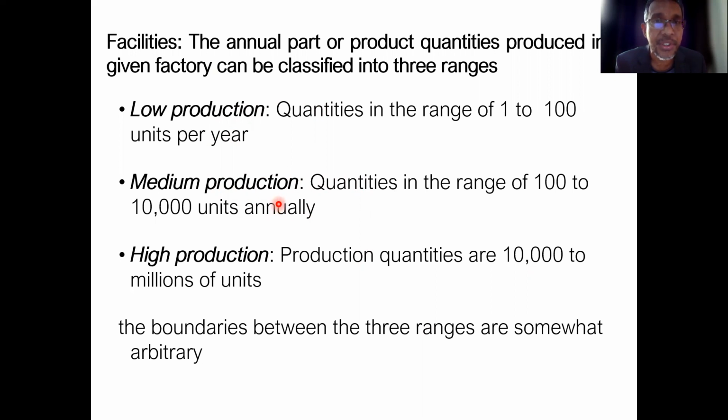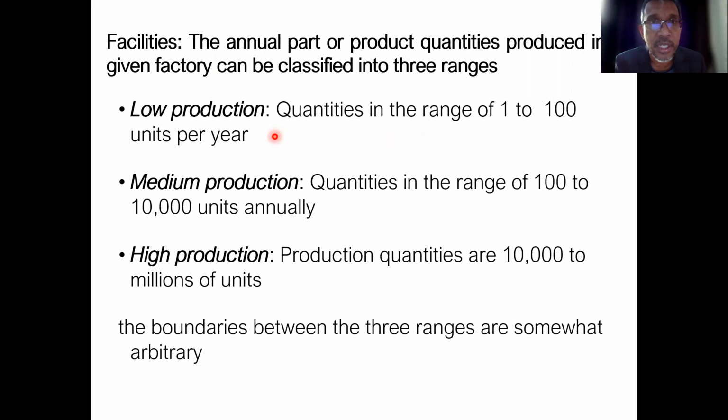We always refer to and use these. Normally, based on the textbook I refer to, they use this range as a classification for product quantities, but some books have different ranges.